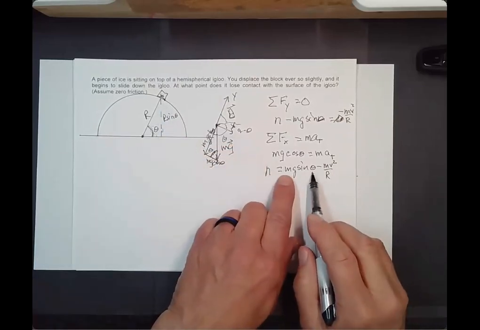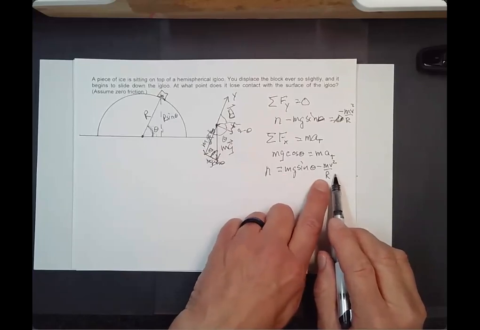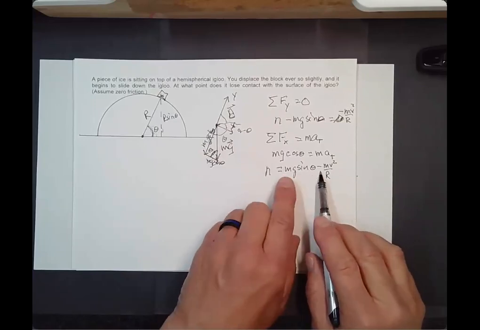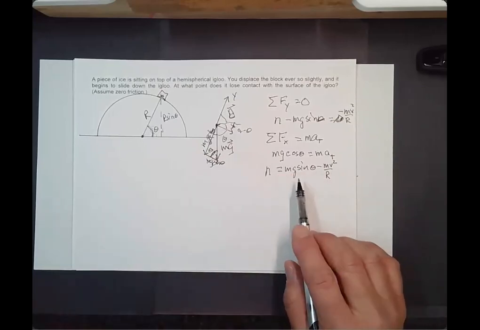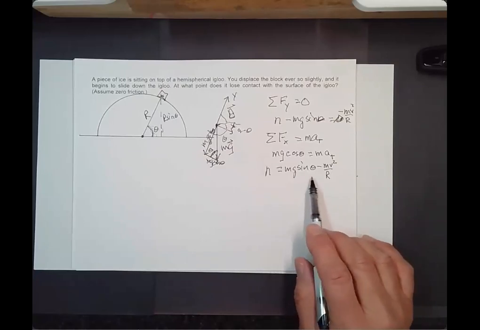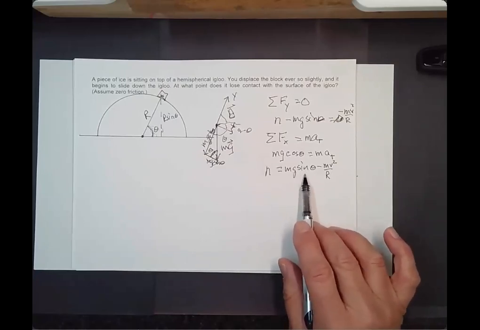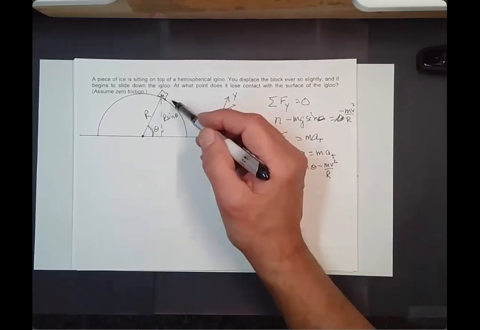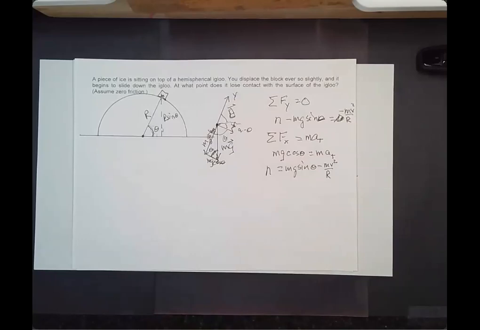So this term will be getting smaller. This term will be getting bigger. And eventually, this term will equal that. And at that point, the normal force will go to 0. We won't have a sufficient mg sine theta, it won't be big enough anymore to hold this thing down onto the igloo. So it's kind of a complicated situation, but that's what we have in this case.